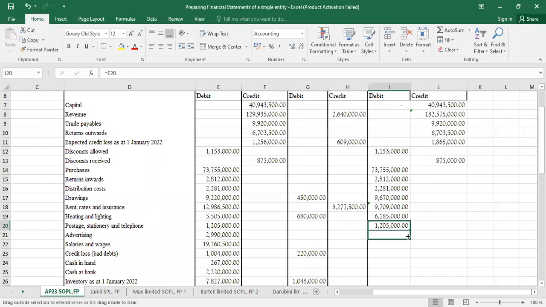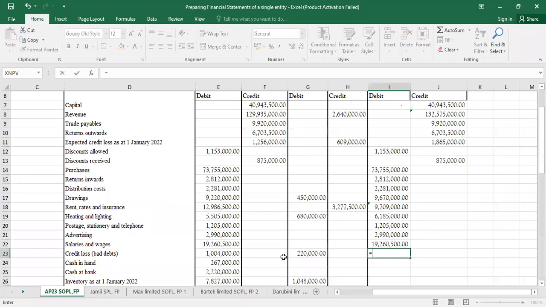So advertising, salary and wages up to there. For our credit loss, they are both on the debit column, so I'll just be adding. Then for our cash in hand, no adjustment. Also for our cash at bank, no adjustment.